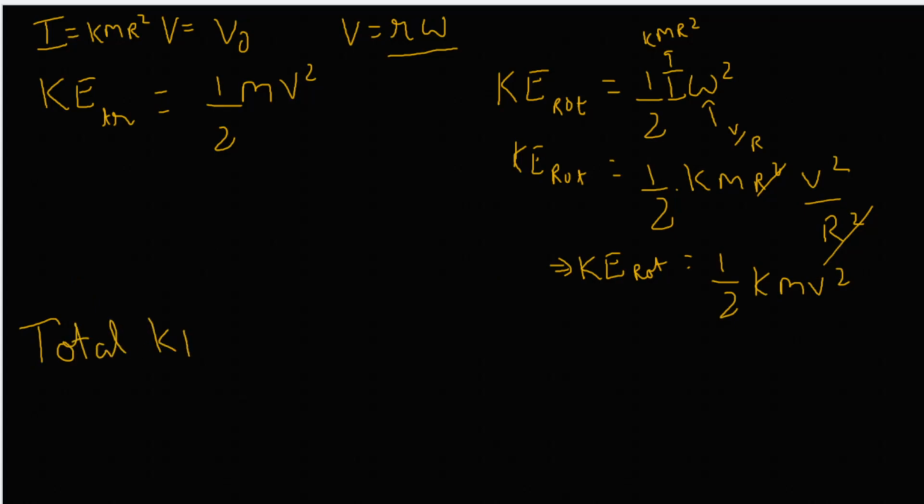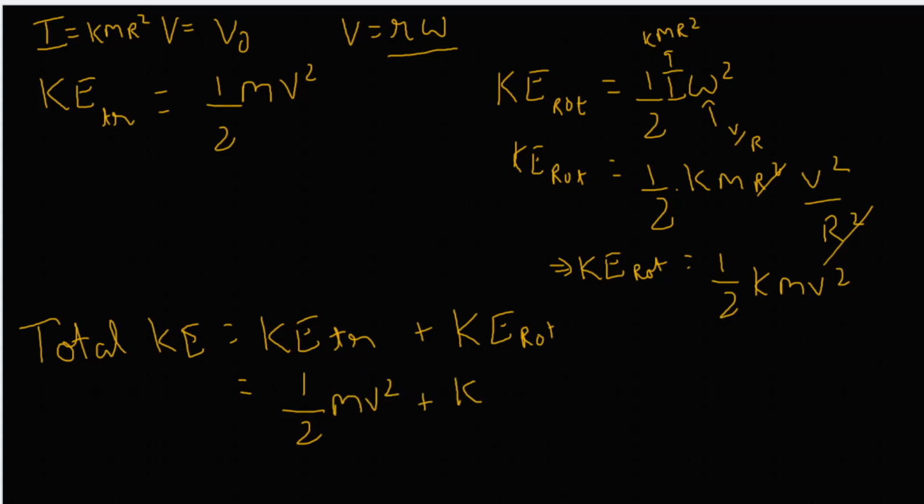Total kinetic energy is going to be translational kinetic energy plus rotational kinetic energy, which is going to be 1 by 2 mv square plus k into 1 by 2 mv square, which is 1 by 2 mv square into 1 plus k.